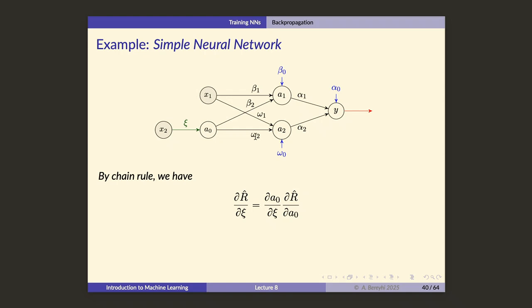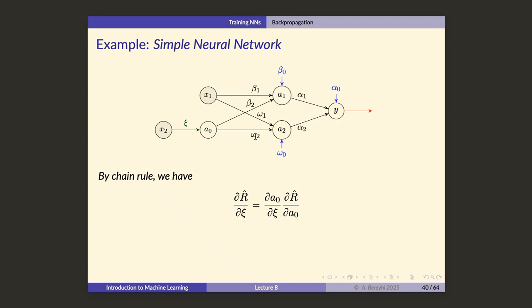Now, if I want to write down the partial derivative of the loss with respect to a0, how can I write it down? Which guys are next connected to a0? a1 and a2, right? So if I know the derivative of the loss with respect to a1, then I'm going to multiply with the derivative of a1 with respect to a0.